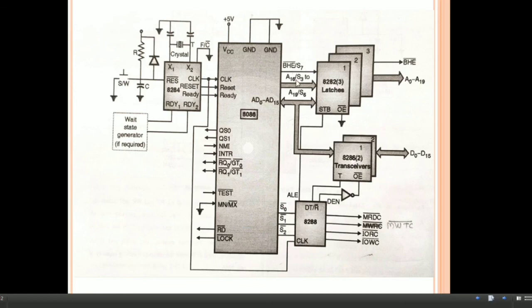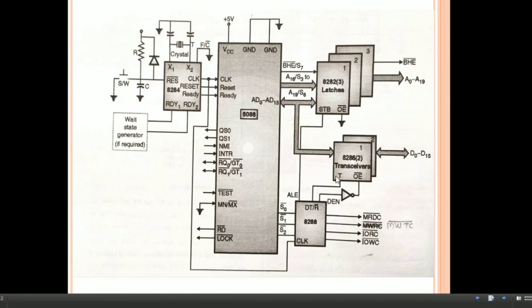So these signals are connected to the latches, and the address available on the multiplexed address and data lines is latched by these external latches, and these multiplexed address and data lines are demultiplexed and we get A0 to A19 address lines at the output of these latches along with this bus high enable pin.